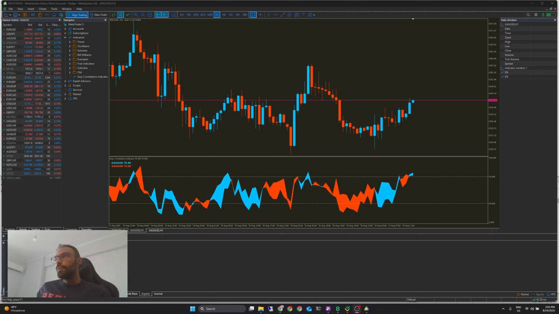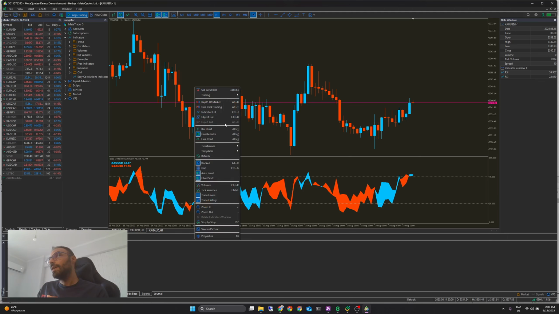Now I'd like to show you this indicator, the Easy Correlations Indicator. I'm gonna use in this case gold against silver. Gold against silver usually gives us multiple opportunities, but you can experiment in whatever category you want, between whatever instruments you want. Now, in order to do that, I have to open gold or the asset you desire on the chart.